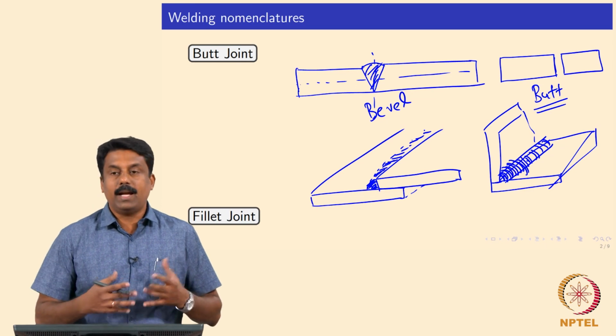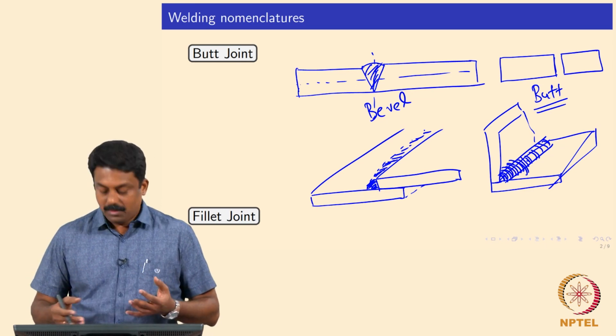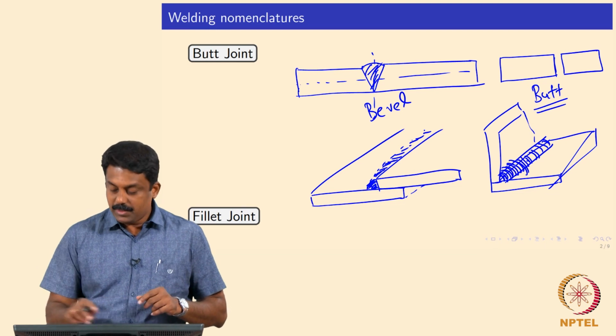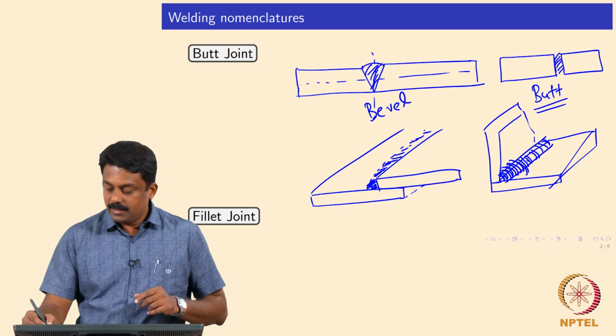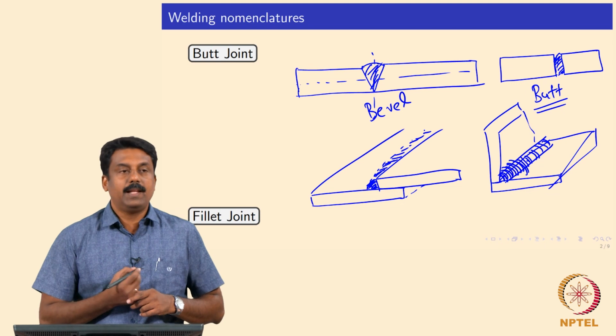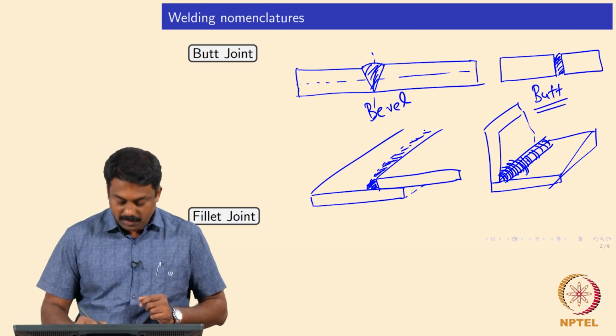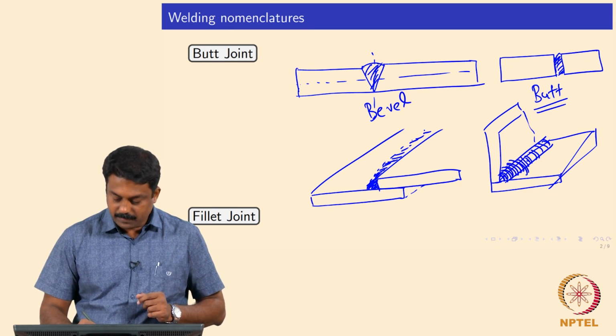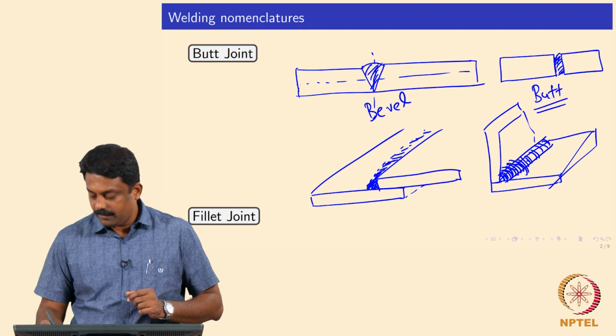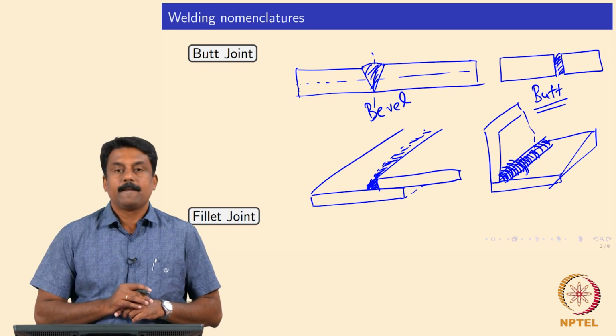Fillet means you add an extra material, an extra layer, to make a joint. In a butt joint you are filling the weld cavities using the filler, or in autogenous weld you can also melt and then fill the cavity, whereas in a fillet joint you always have an extra material joint. In this case it is an overlap configuration. Similarly, in a T weld you can also make a fillet joint.